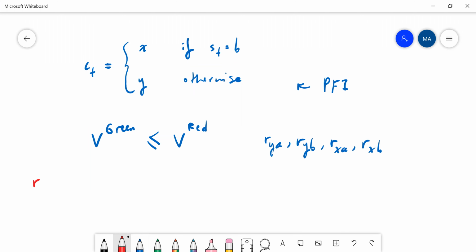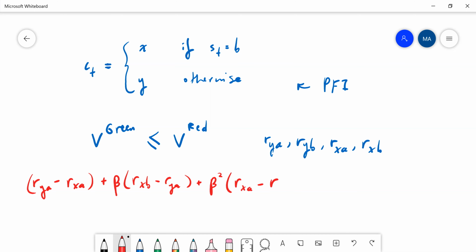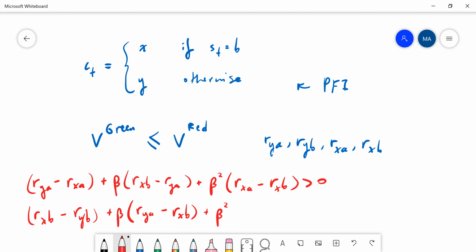You will have R_YA minus R_XA plus beta R_XB minus R_YA plus beta squared R_XA R_XB greater than 0. And for the other state, you will have R_XB R_YB plus beta R_YA R_XB plus beta squared R_YB minus R_YA greater than 0.